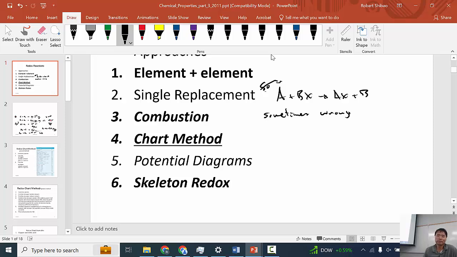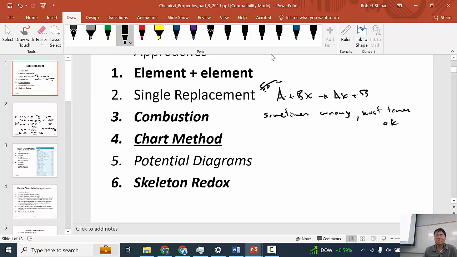You're trying to force it to fit this pattern, but it doesn't fit. So sometimes it's wrong, most of the time it's right. Well, most depends on what kinds of chemicals you work with.